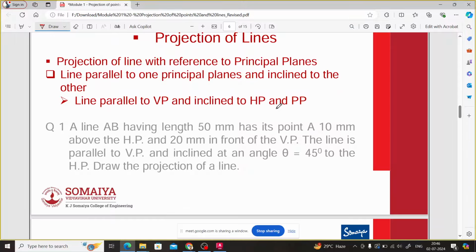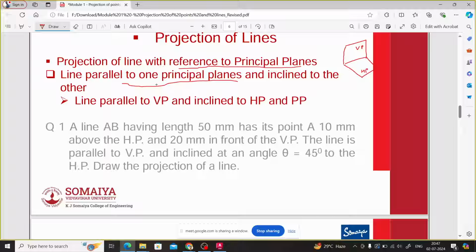Now what we are going to discuss is projection of a line with reference to principal planes, in which the line is parallel to one principal plane and inclined to the other. I will draw here for reference the vertical plane and the horizontal plane.